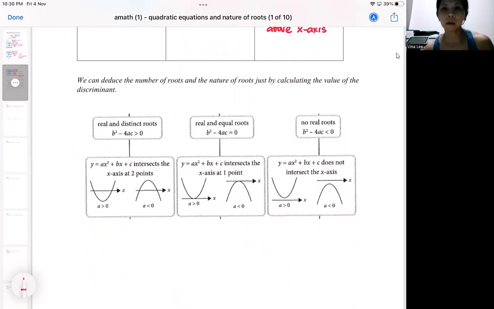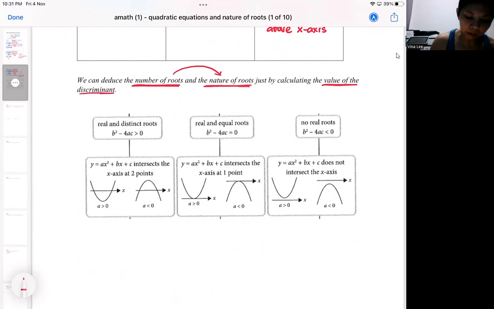I'm concerned about how many roots there are, the number of roots, which can lead to the nature of roots. And we are going to do that by calculating the value of the discriminant. Our discriminant is known as b squared minus 4ac.